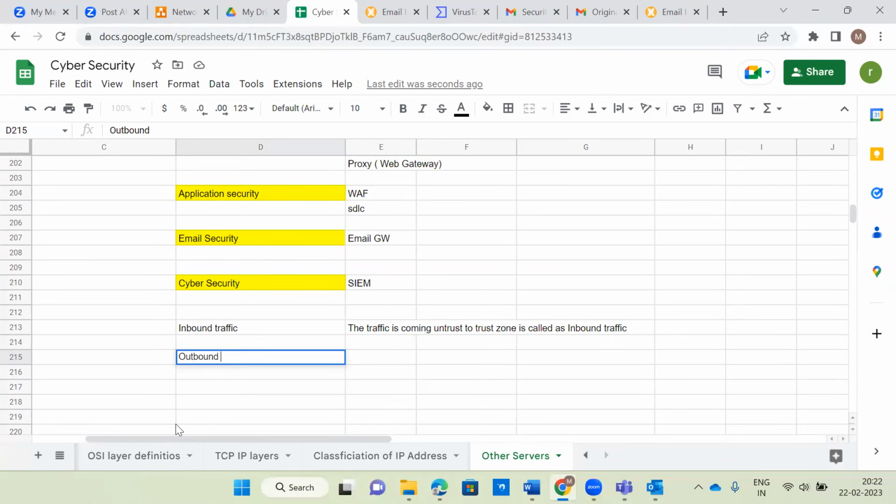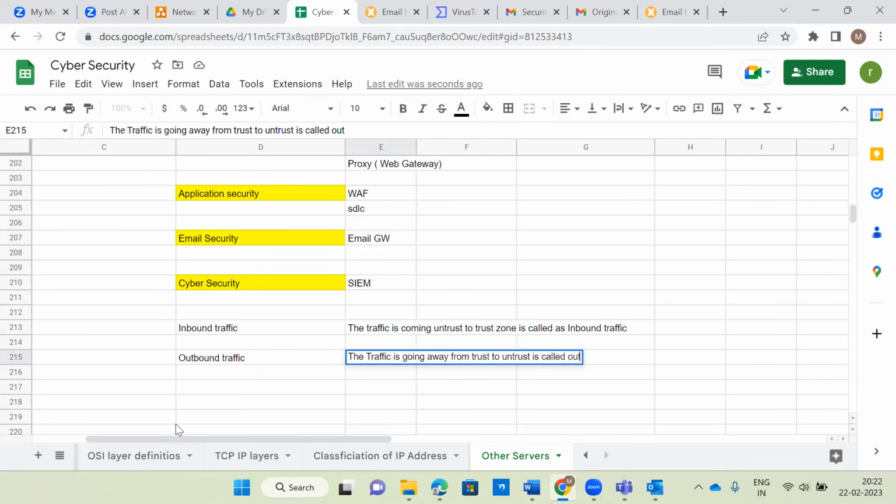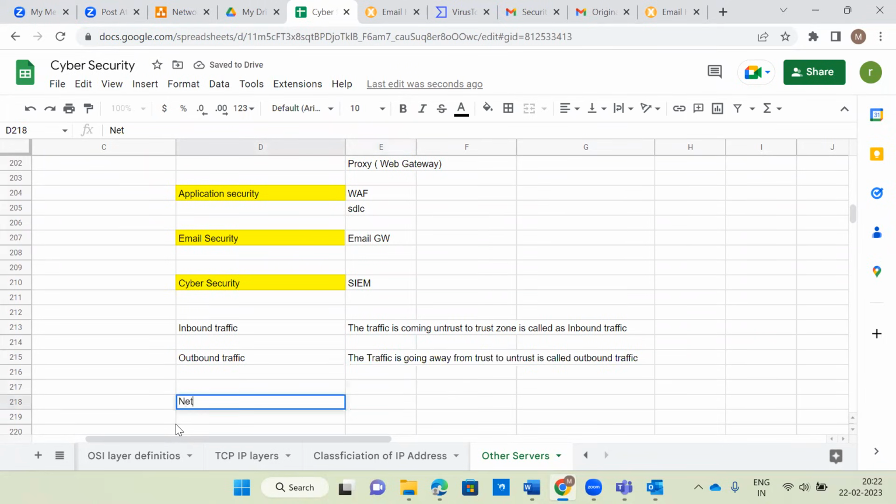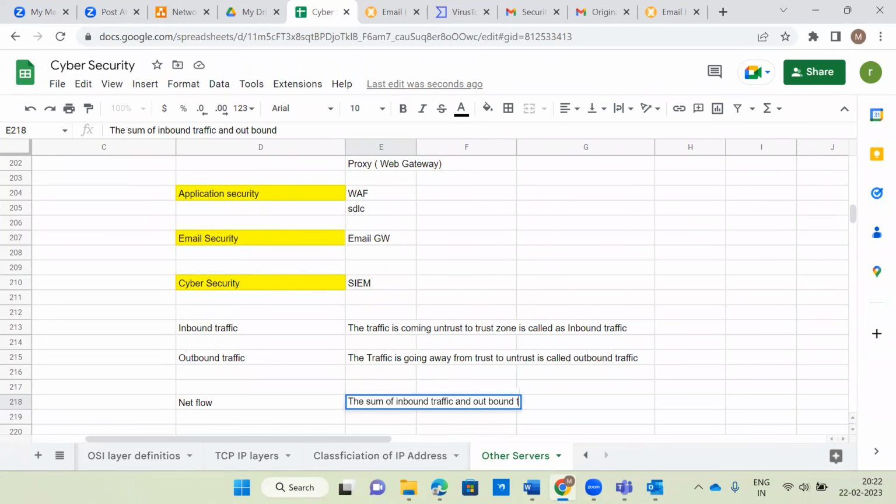Combining the two, we can call it NetFlow. The combination of inbound traffic plus outbound traffic, the incoming plus outgoing, is called NetFlow data.